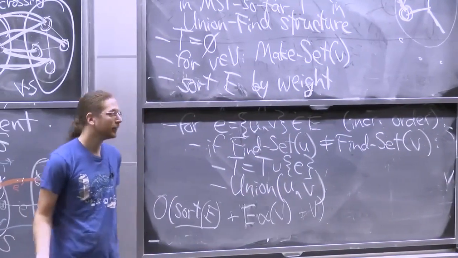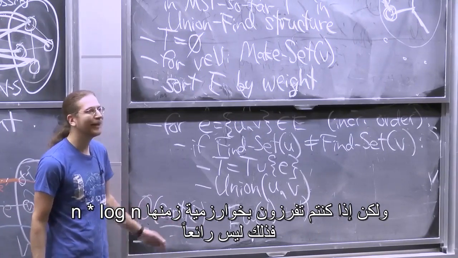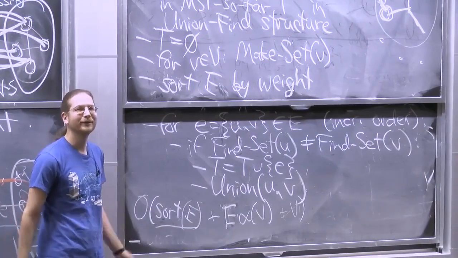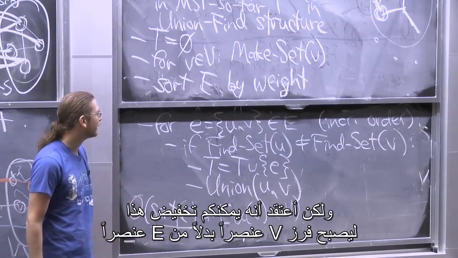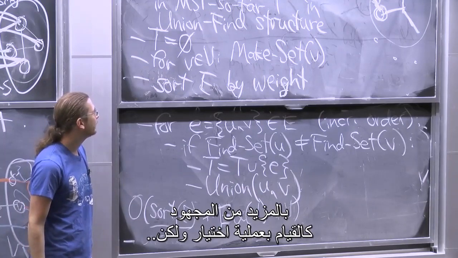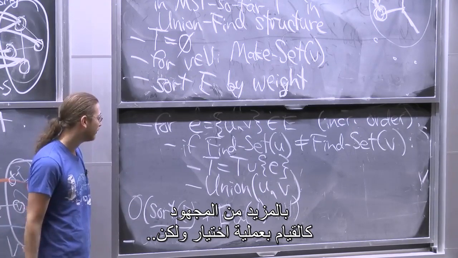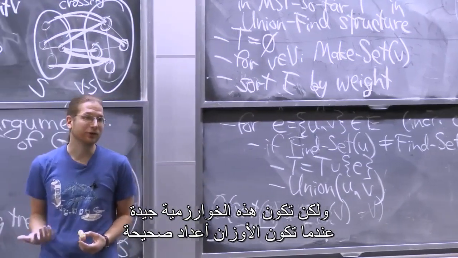It's faster. But if you're sorting by an n log n algorithm, this is not so great. That's how it goes. I think you can reduce this to sorting just V things instead of E things, with a little bit of effort, like doing a select operation. But this algorithm is really good if your weights are integers.